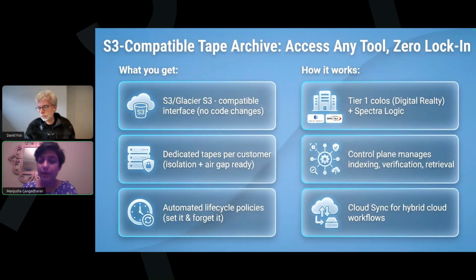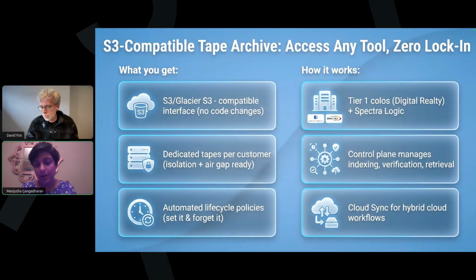We have a data center in LA, and by March, we'll have a data center operational out of London. Our tapes are from Spectralogic, so we have the cube from Spectralogic. And in a bit, when we show the demo, you'll see the control plane that manages all of the verification, the retrieval, and the indexing.